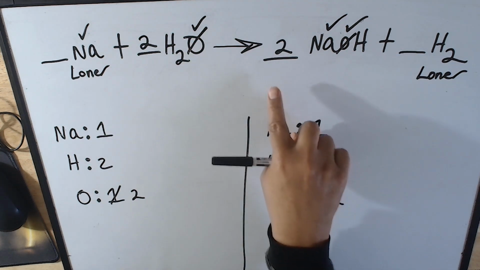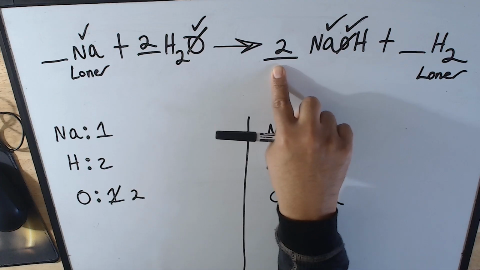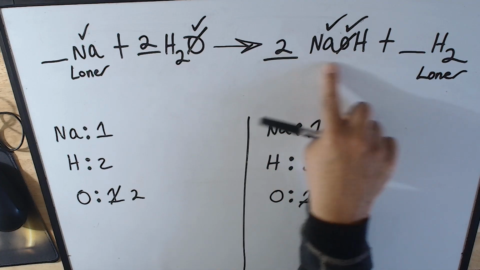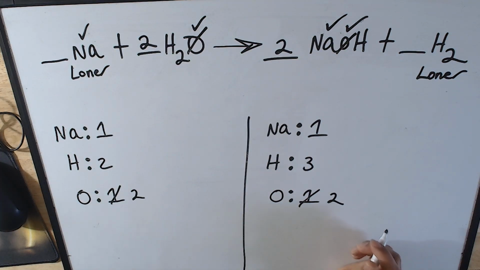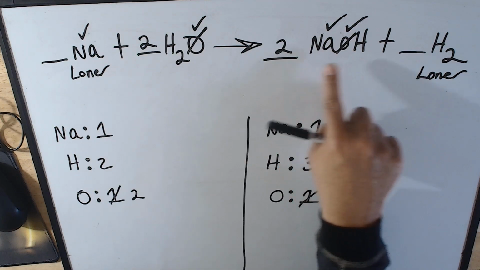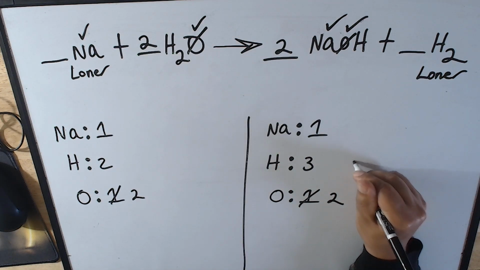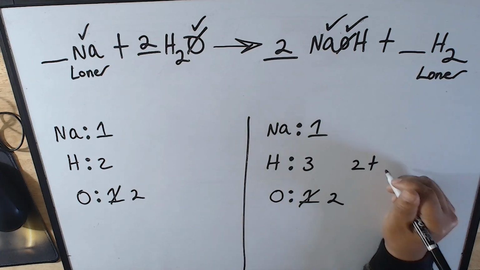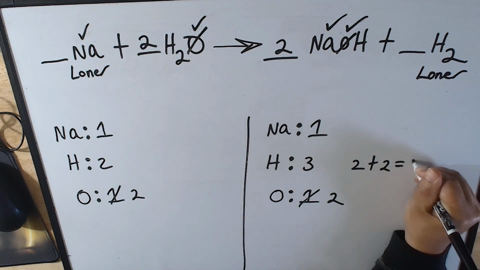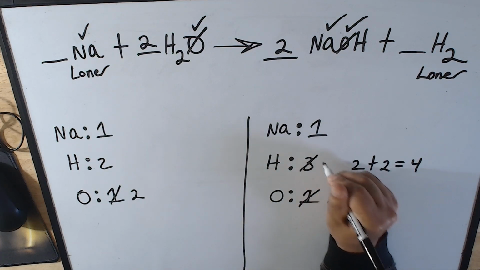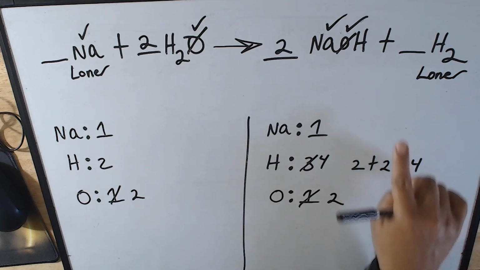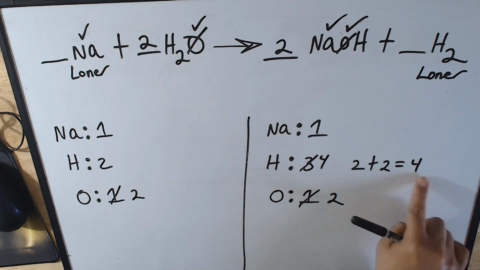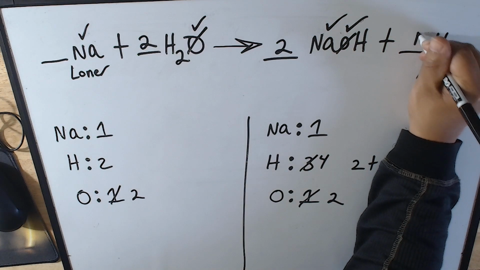And since I put a coefficient of 2, then it locks everything else with a 2. So therefore, I have 2 hydrogens, and then plus 2 hydrogens over here gives me a total of 4 hydrogens. But to make this statement true, I need to put a 1 in here.